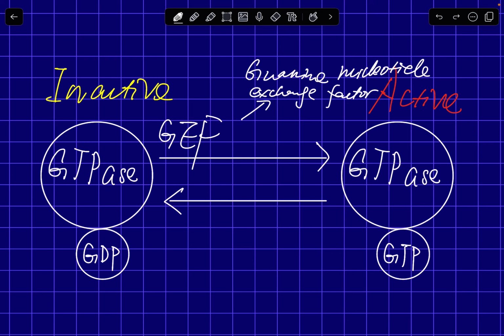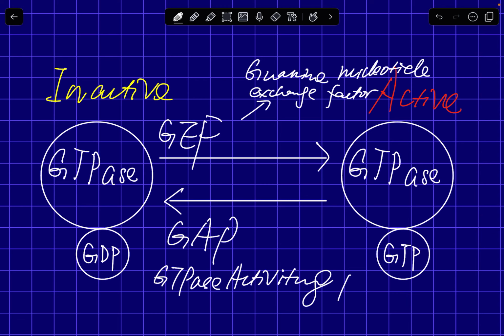Now, how do we go from the active form back to the inactive form? Okay, so this is GAP. What is GAP? GAP is GTPase activating proteins. So how do we turn GTP into GDP? Here, the GAP will use hydrolysis, right?